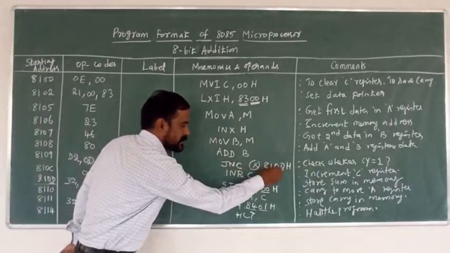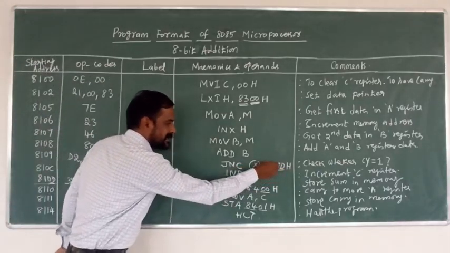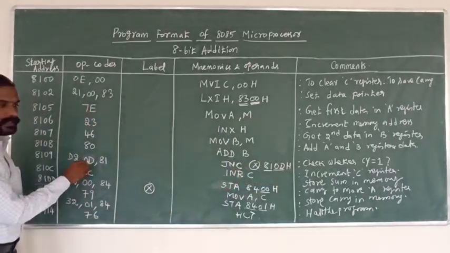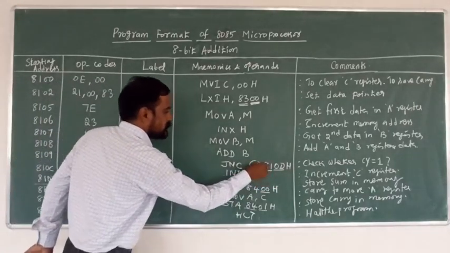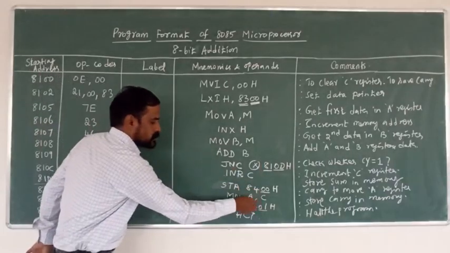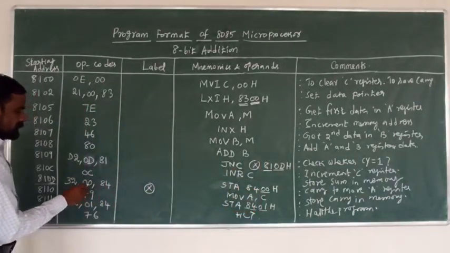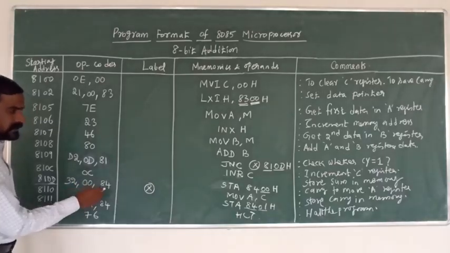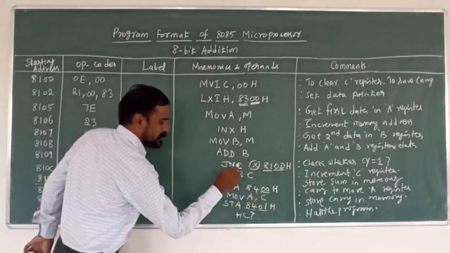And here also first the least, after that the most significant byte.